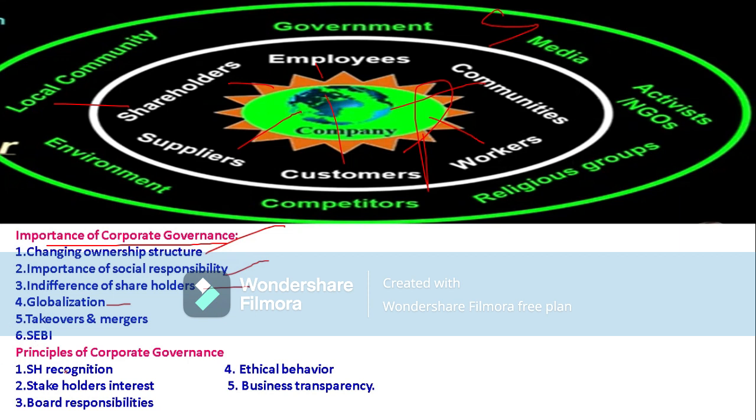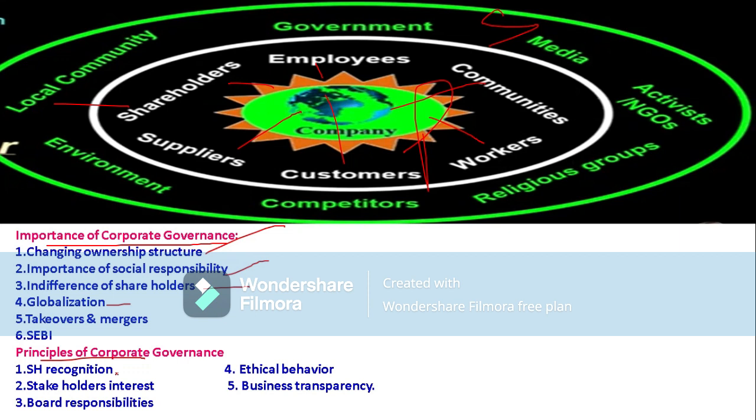Okay, so what are the principles of corporate governance? First one is shareholders' recognition. We all know that shareholders are the owners of the organizations. Even though they are owners, they do not get involved in the day-to-day activities of the organization, but the principle of corporate governance is uplifting the importance of shareholders and their right to speak.